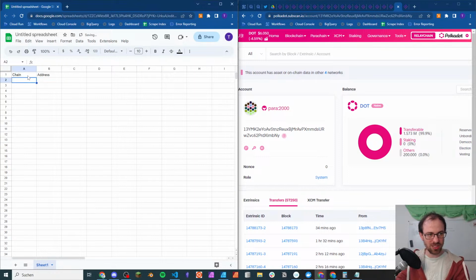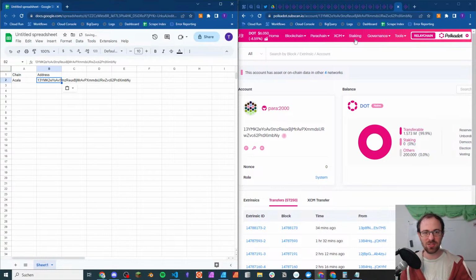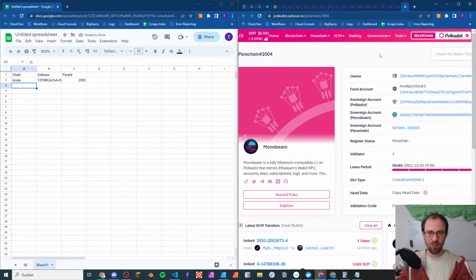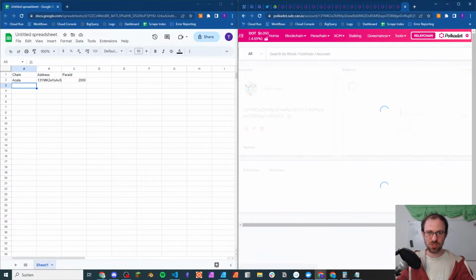We're making a short list of Acala and the addresses. Maybe the para ID, I'm not sure if it is relevant, but let's keep it. Okay, we have this one. Moonbeam sovereign account.